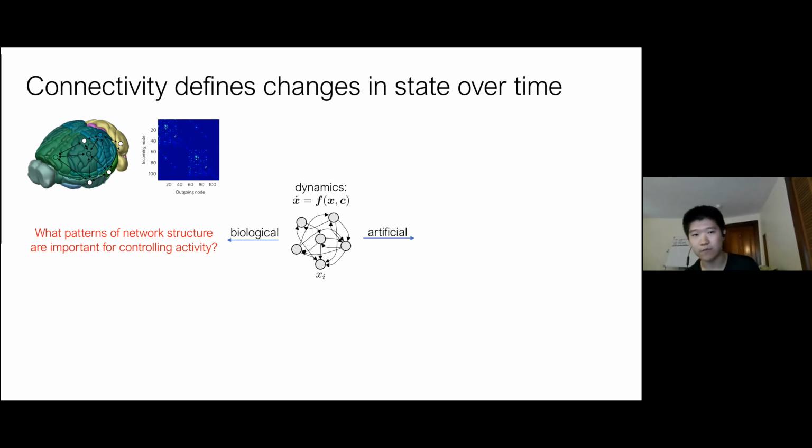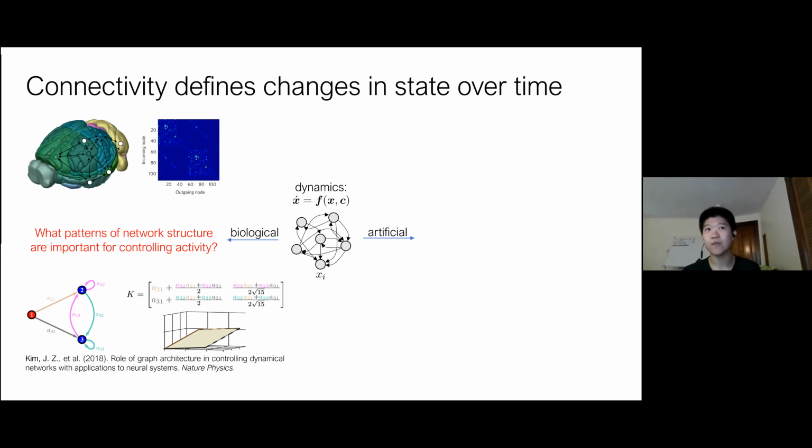This may be for therapeutic interventions using some kind of electrical or drug-based stimulation. But in recent work, we can decompose the individual edge weights of biological neural systems, and we can represent them in geometric space.